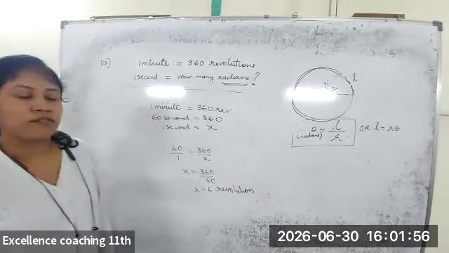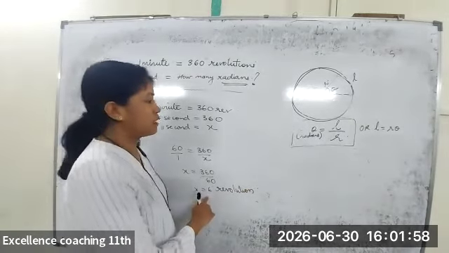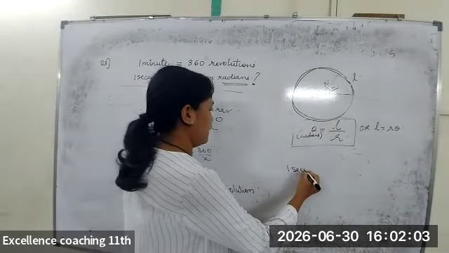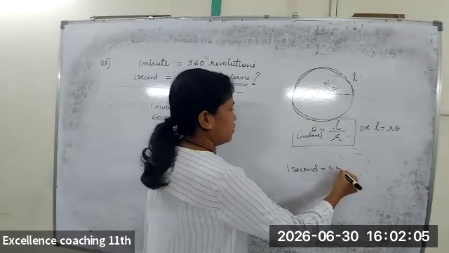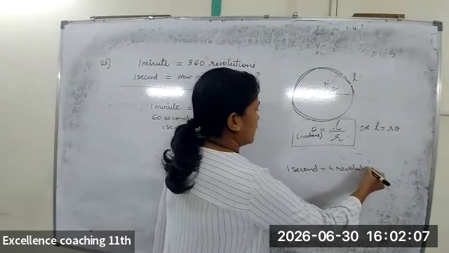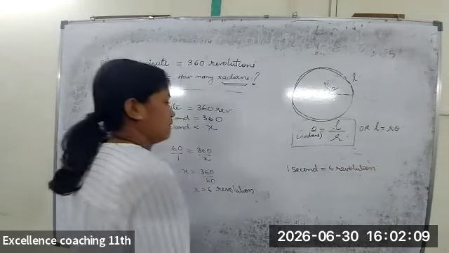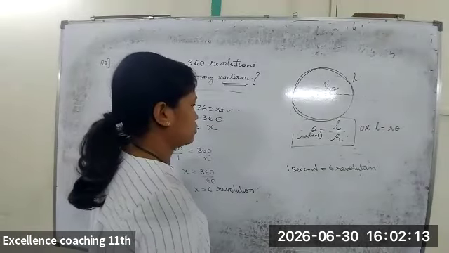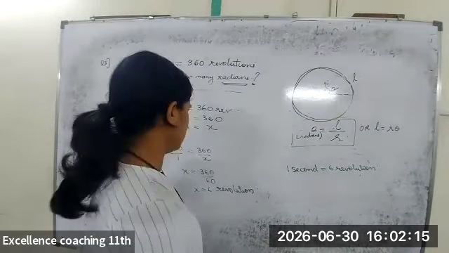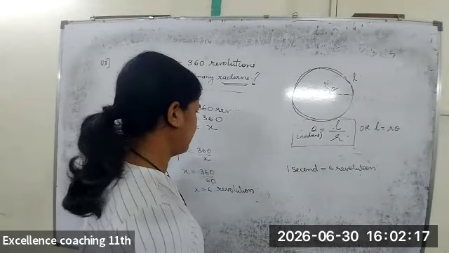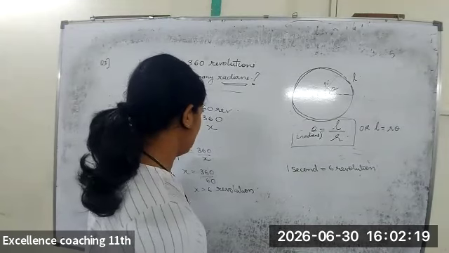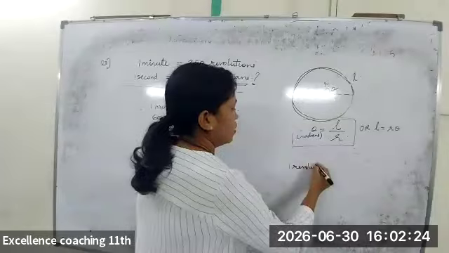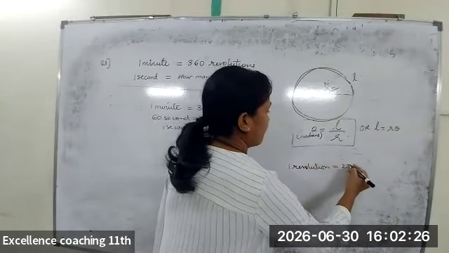But we want in terms of radians. So 1 second is equal to 6 revolutions. 1 revolution will be 2 pi radians.